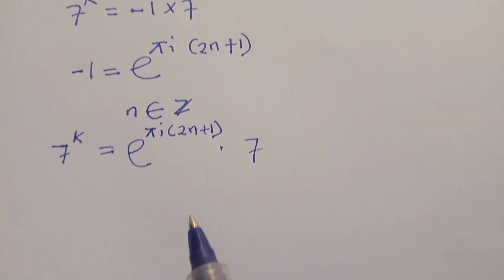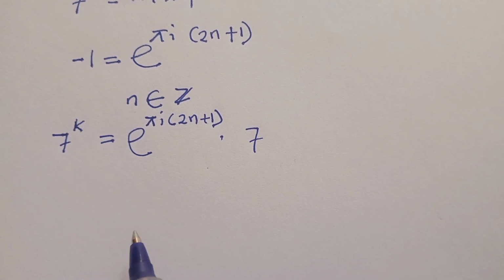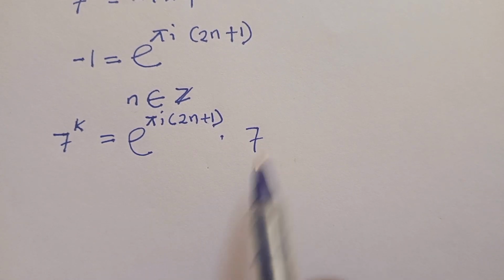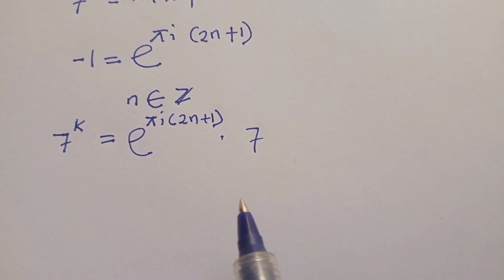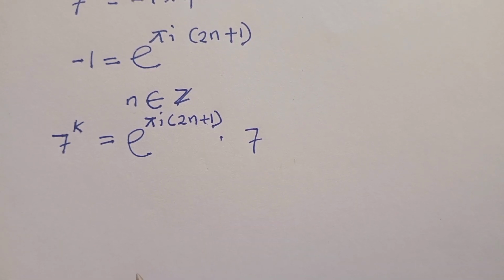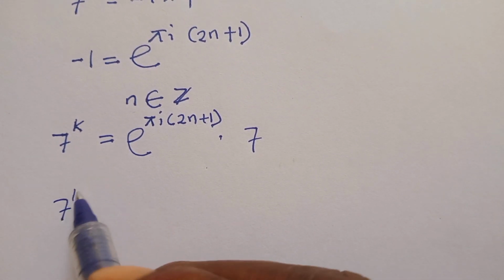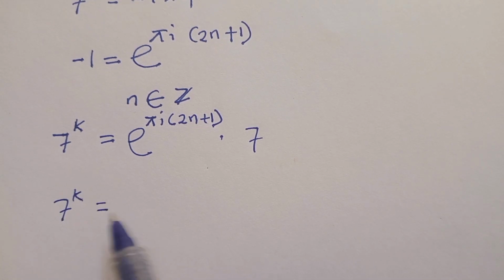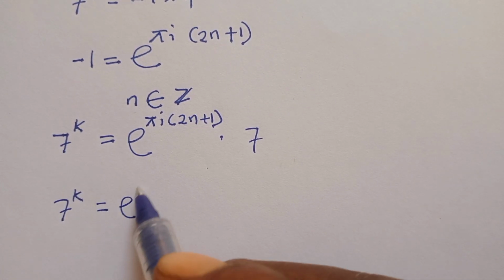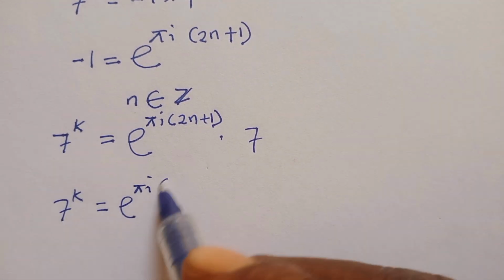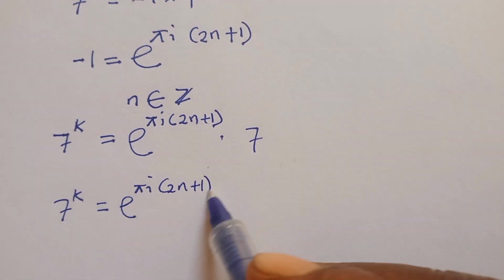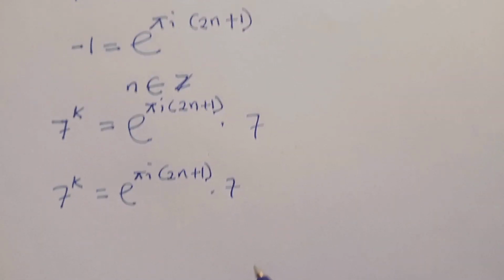Now the next thing that I want us to do is divide both sides by 7 so that we are able to eliminate this 7 from our right hand side. So we have 7 to the power of k equal to e to the power of pi i in bracket 2n plus 1 multiplied by 7.